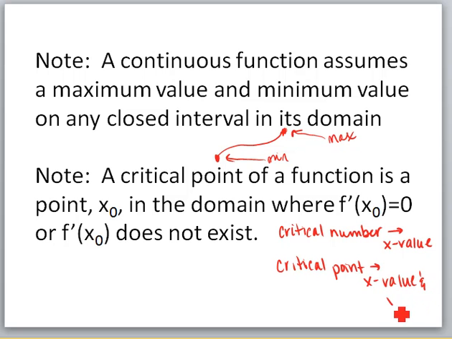So critical number, just find the x value, but a critical point, you need to find the x and the y value. So we're going to be looking for critical points, and I have a sketch on the next slide that will hopefully describe this a little bit better. But again, it's where the first derivative is 0 or it does not exist.